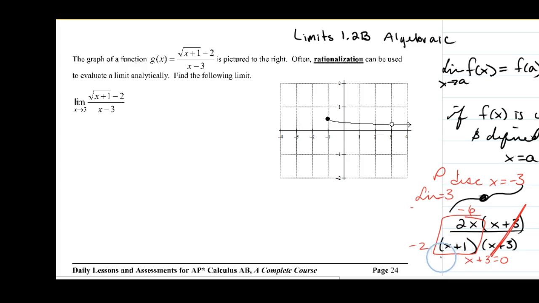So my infinite limit here would be a discontinuity at x equals -1. That would be an infinite discontinuity at x equals -1. That's the x value that would make this 0. And then I would say, well, okay, at x equals -1, I could evaluate the simplified function at numbers very close to -1 on the left or the right to find out would I get a limit of infinity or a limit of negative infinity.